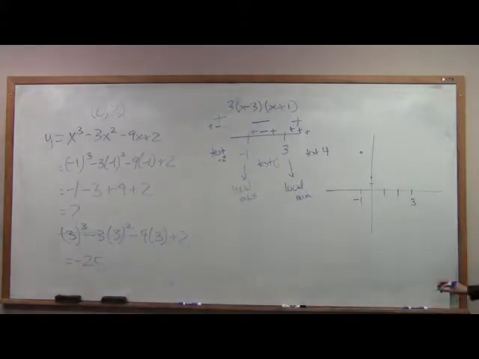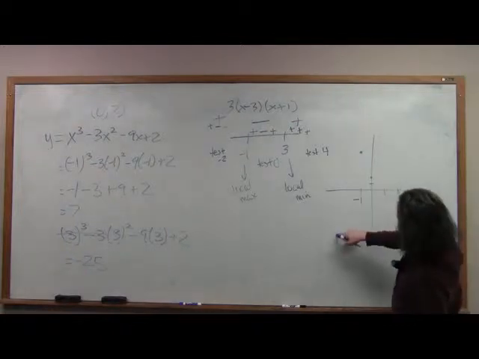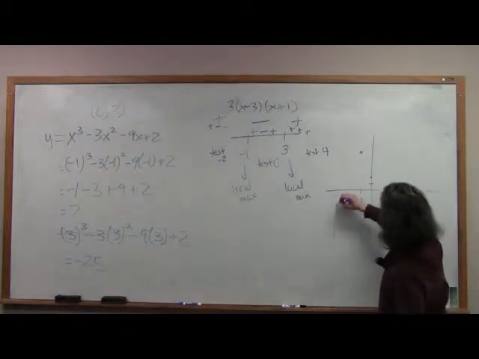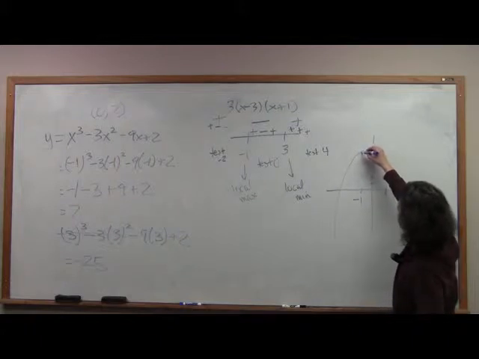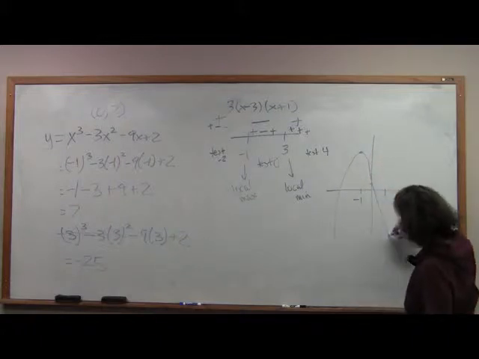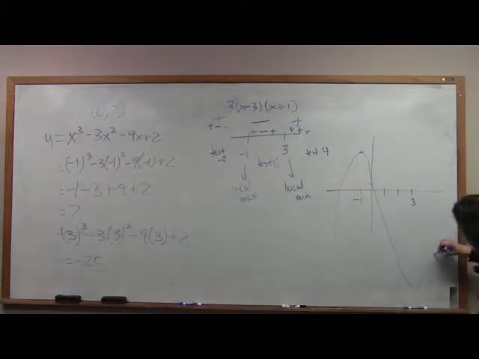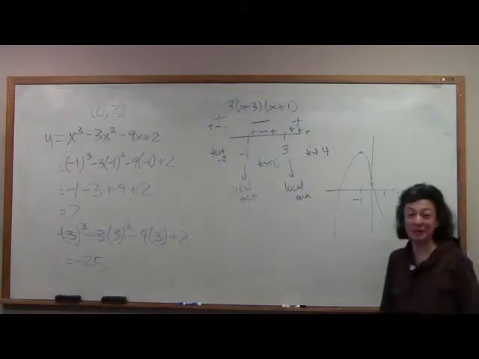Okay, this is not drawn to scale, but I claim we've got the graph. Why? Because we know when we're less than -1, our function is increasing. He's a local max, so he's going to go down here, and oh, we got a local min, and he's increasing. Isn't that super cool?